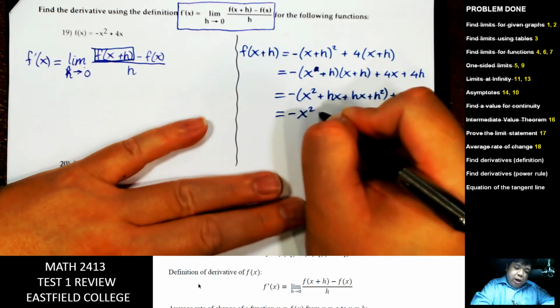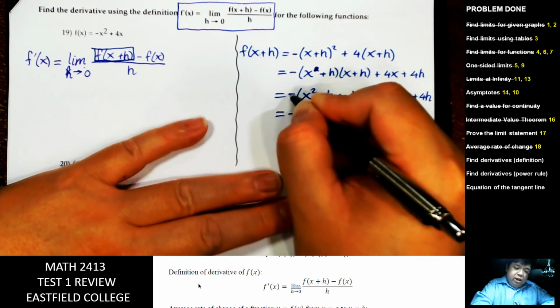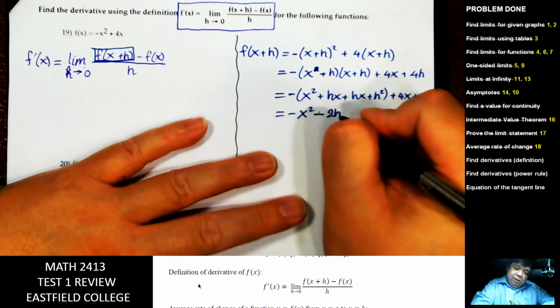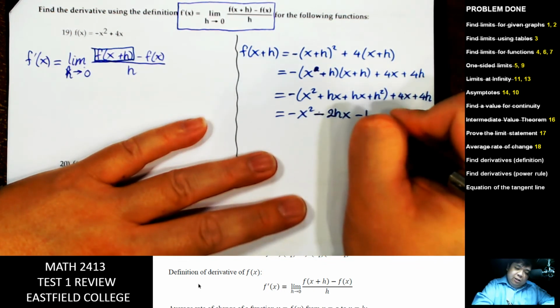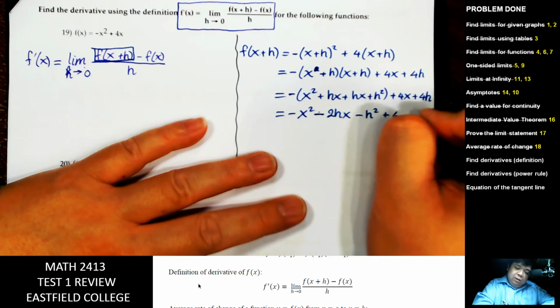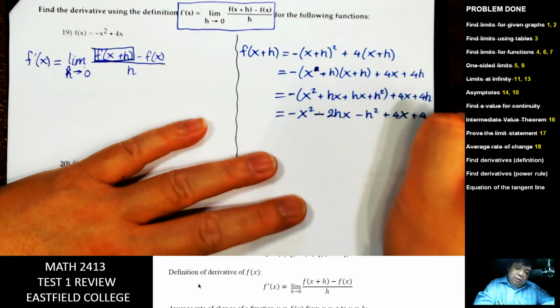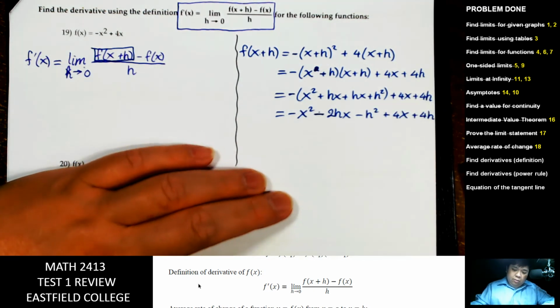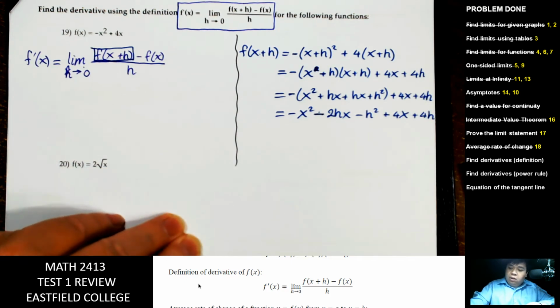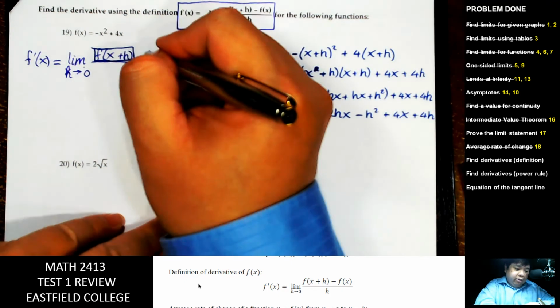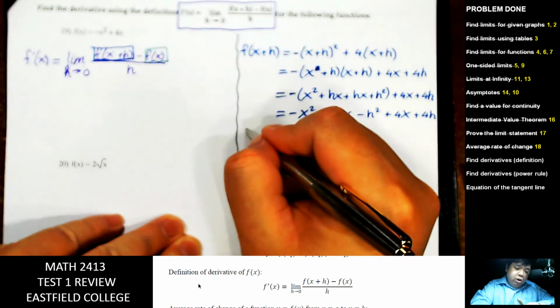the 2hx, but it will be negative. And then we have f(x), the original function.